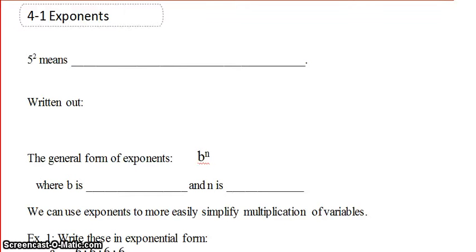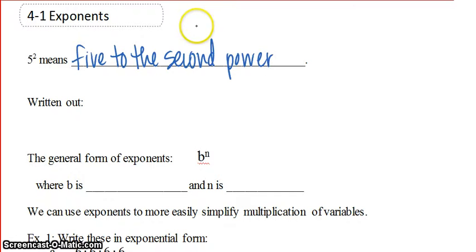Alrighty, so we're going to be doing chapter 4 now, and we're going to start with exponents. So if you get 5 squared, that means 5 to the second power, or like I just said, instead of saying second power, you could say squared.